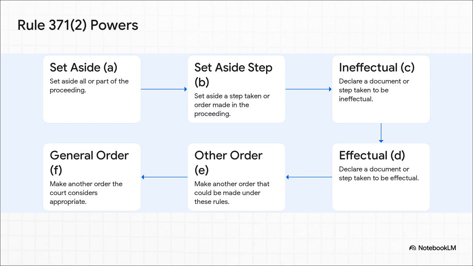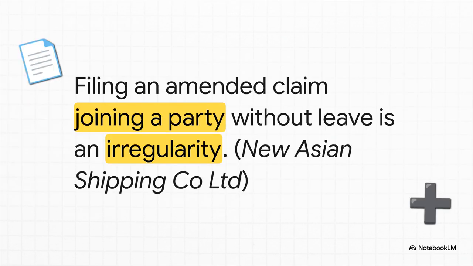But for you, the one trying to fix the problem, the most important power is in Subrule 2D, the power to declare your irregular step effectual. That's the magic wand that saves your client's case. And of course, Subrules E and F are the classic catch-alls, giving the court ultimate flexibility to make any order it thinks is right. And believe me, this principle gets applied very, very broadly.